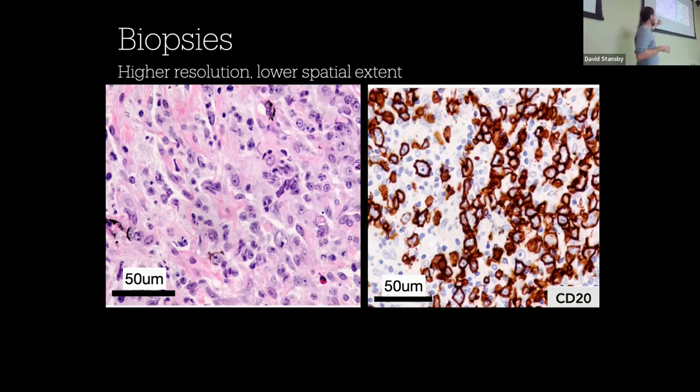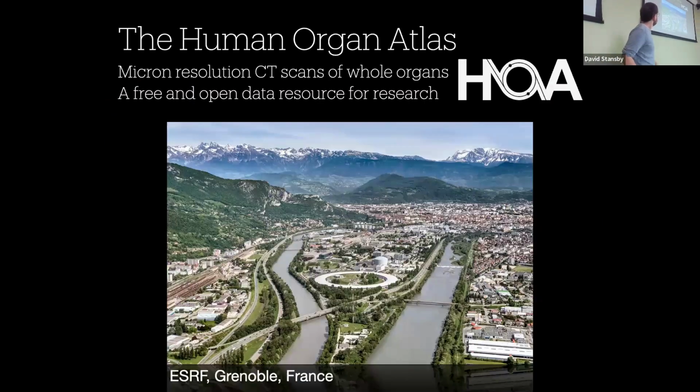The trouble is, as I said, this is on a really small scale. So the dream is to have this, but across a whole organ, right? And you can really then tell all the way from the level of individual cells, and then how those cells are organized into a whole organ, how that organ's working. So that's exactly what we do in the Human Organ Atlas.